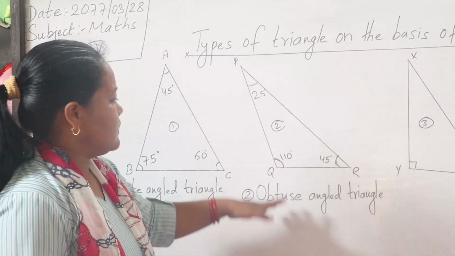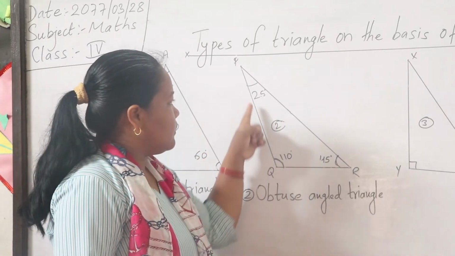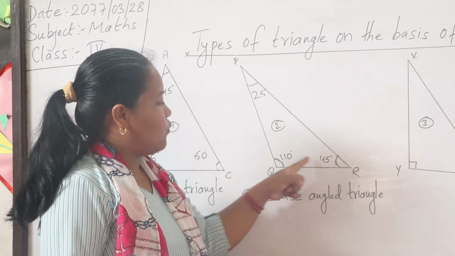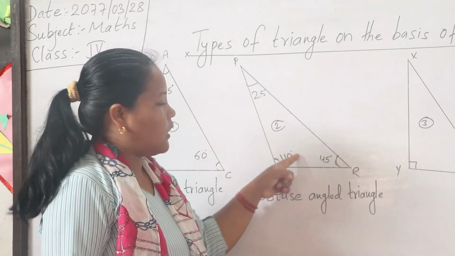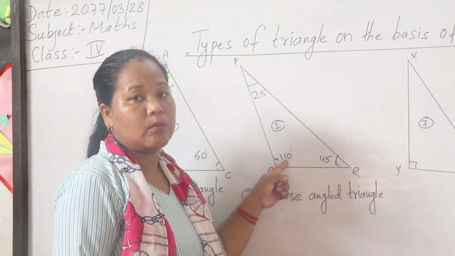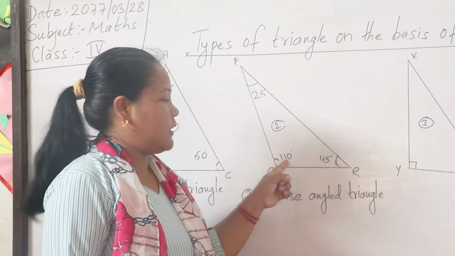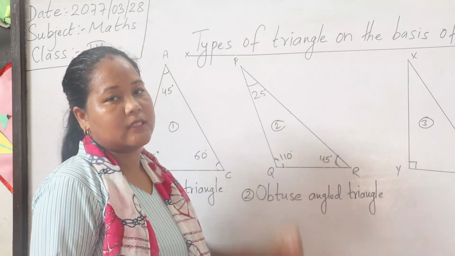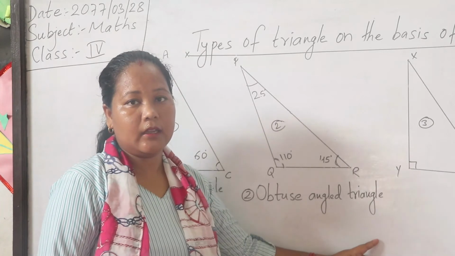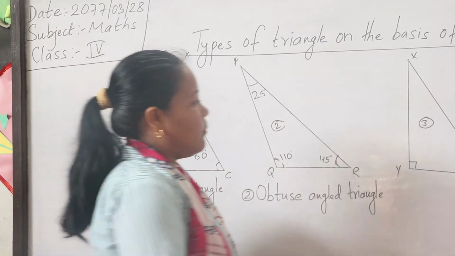No. So again, if in the triangle one of the angles is an obtuse angle, or one of the angles measures more than 90 degrees, then we say that triangle is an obtuse angle triangle. Okay, clear?